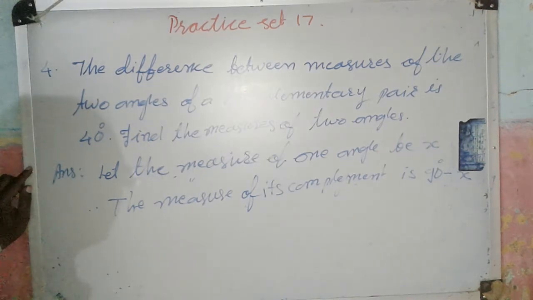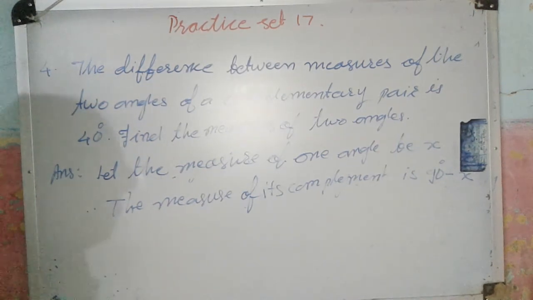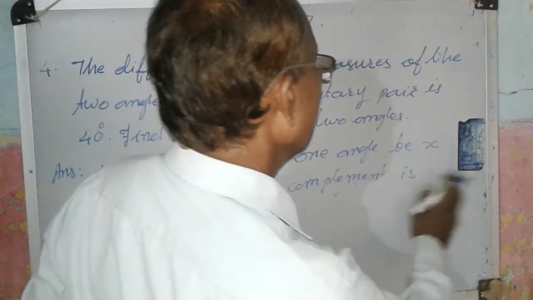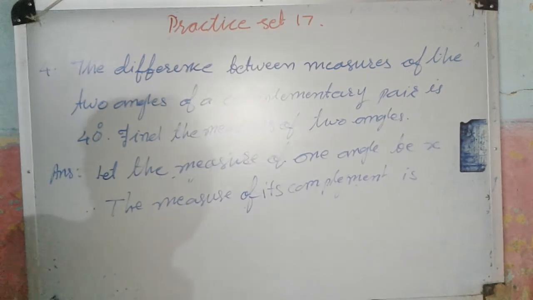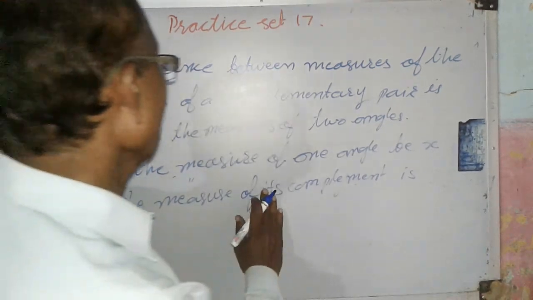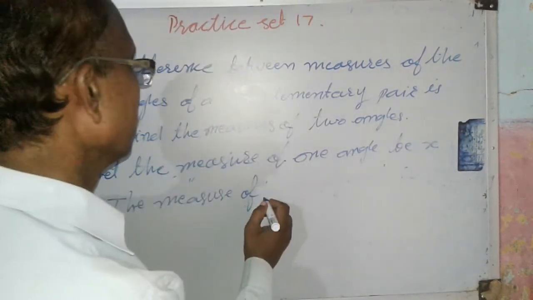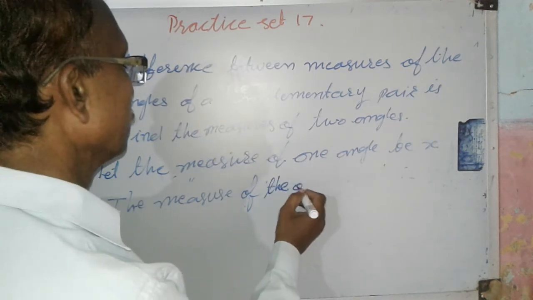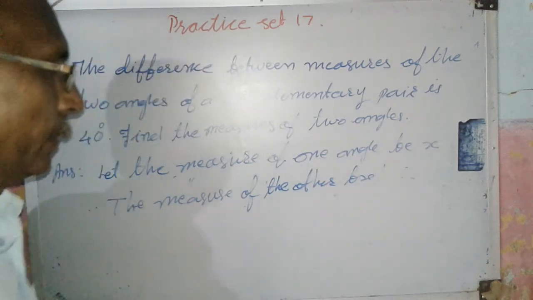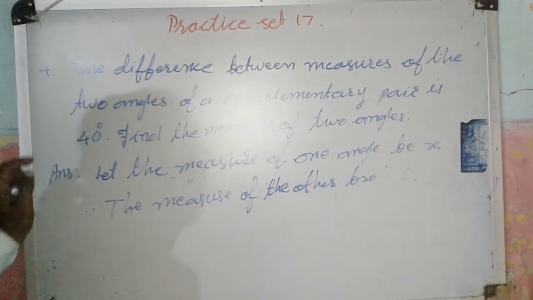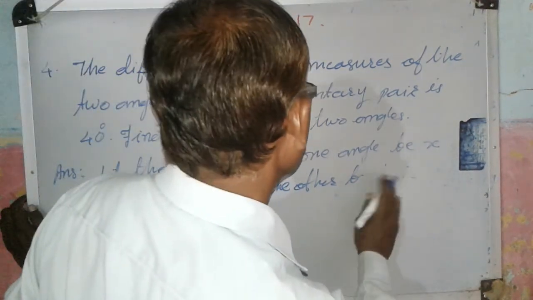Sorry, the difference is 40 degrees. So the measure of the other angle may be x plus 40.